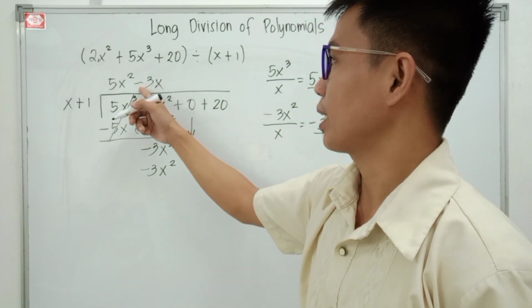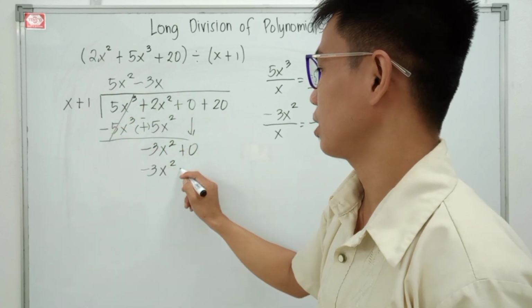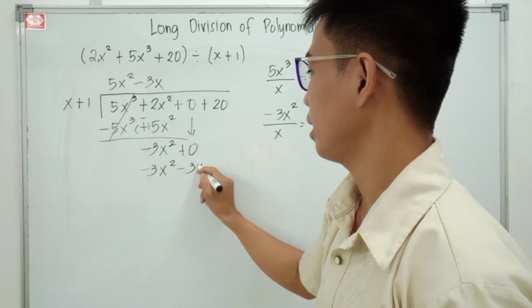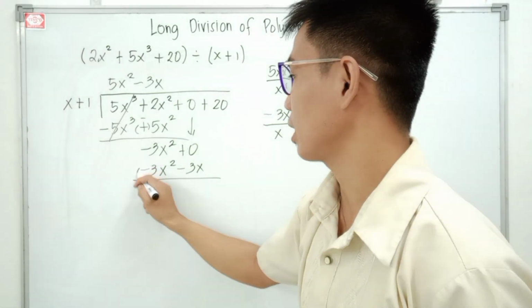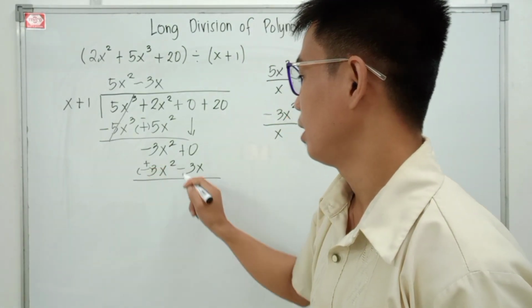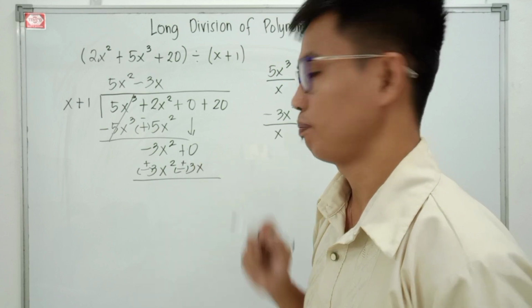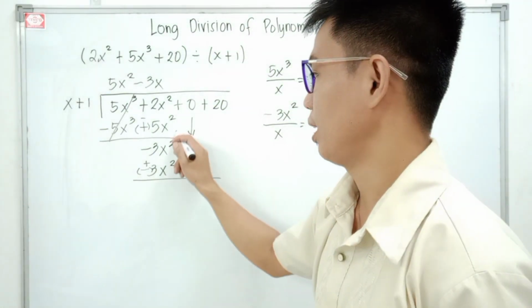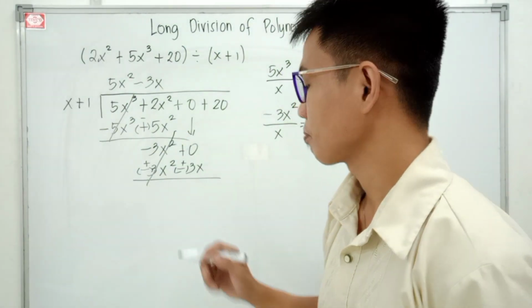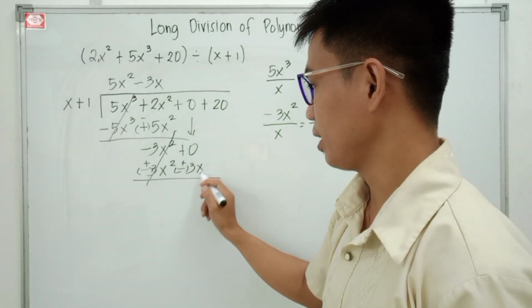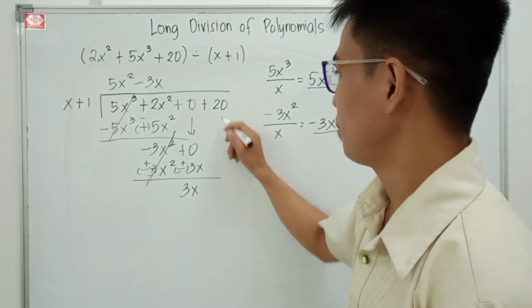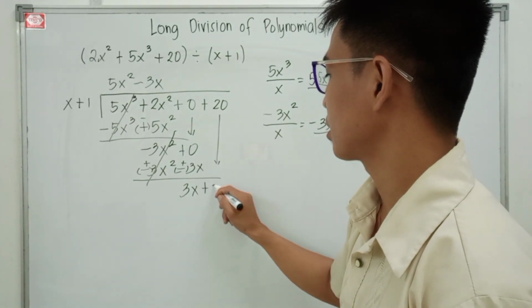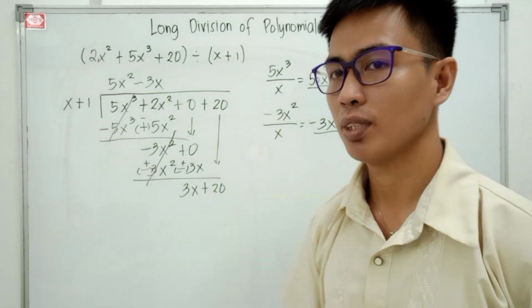And then, negative 3x times 1 is negative 3x. So again, change the sign of the subtrahend. So negative 3x squared will be positive. Negative 3x will become positive 3x. And this will be cancelled. And 0 plus 3x will be 3x. And then bring down the last term, that is plus 20.